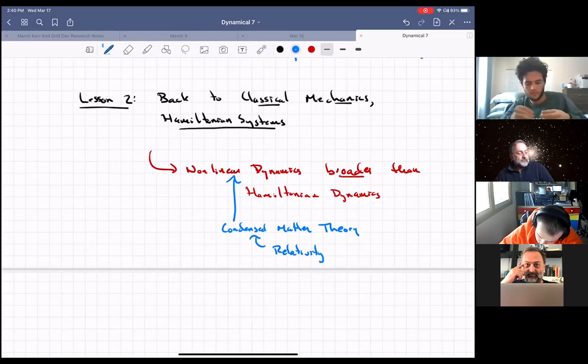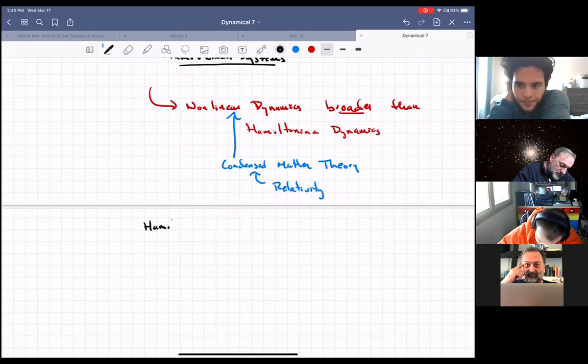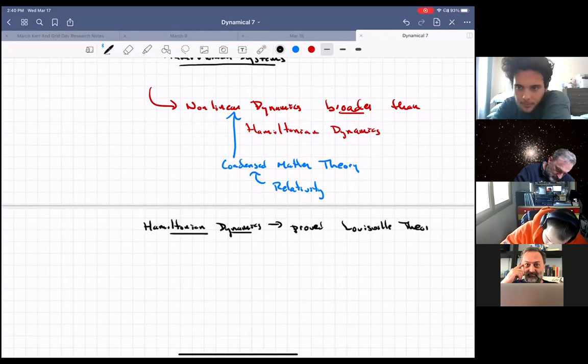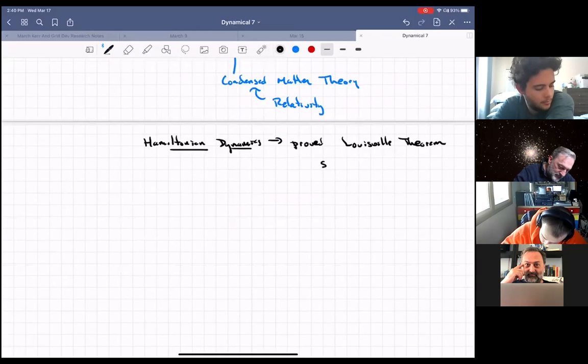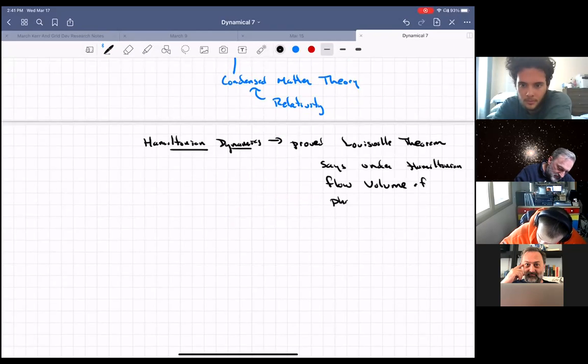Okay, so now in Hamiltonian dynamics, we started the semester by proving the Liouville theorem, which says that under Hamiltonian flow, the volume of phase space is preserved.